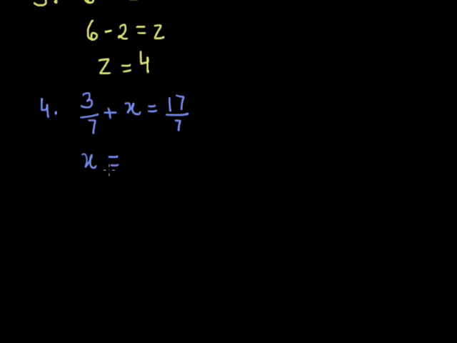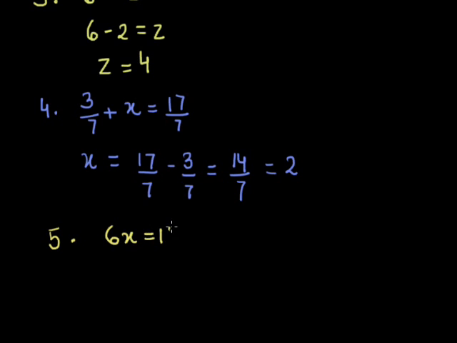If I move 3 by 7 to the right-hand side, its sign will change. 17 by 7 minus 3 upon 7 will be equal to 14 upon 7, and I can reduce 14 upon 7 as 2.